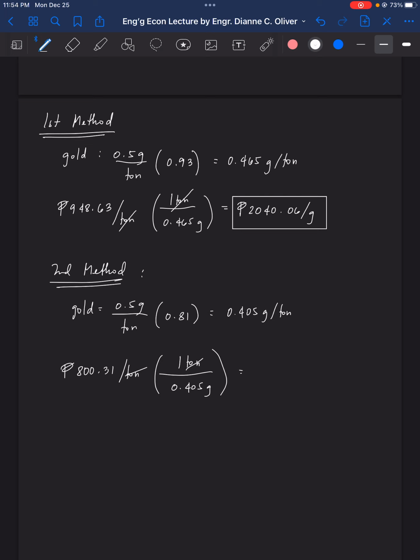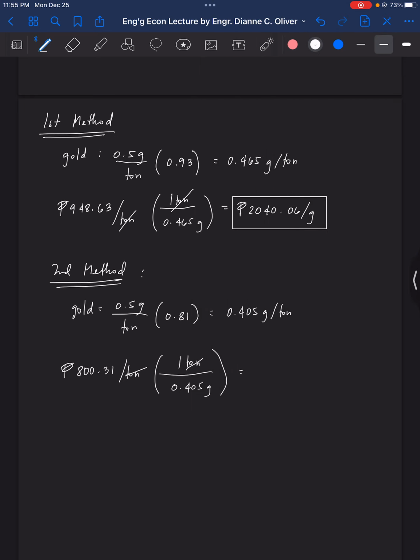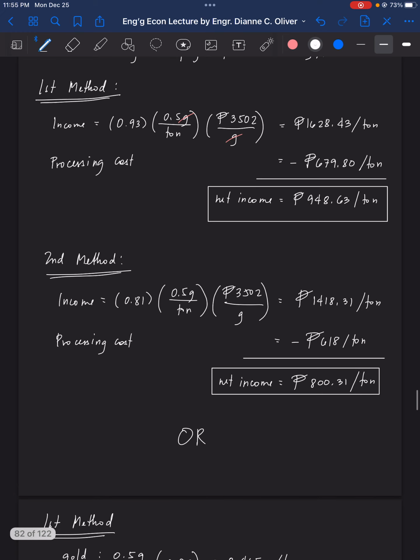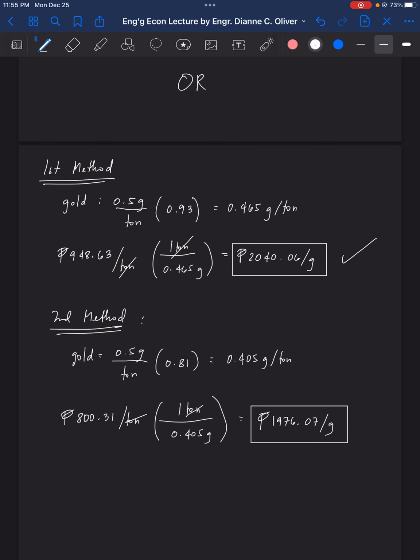Cancel tons here. So how much is the income per gram? So that will be 1976.07 per gram. So again, you can see that both methods, we will use the first method.